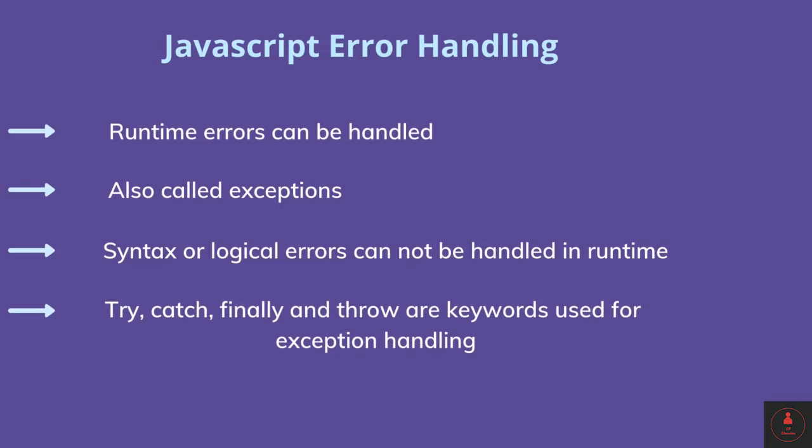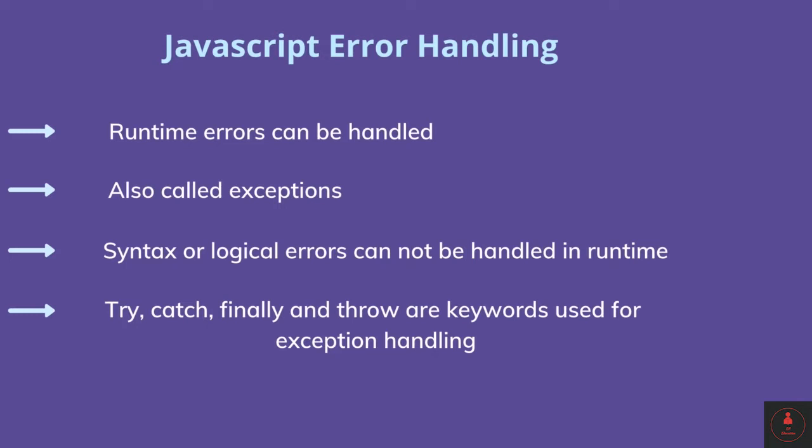For example, all the suspected code which I think may cause some exception, I will put inside the try block. If that gives you an exception, it can be handled by the catch block. But if it doesn't raise any exception, the catch will not function.